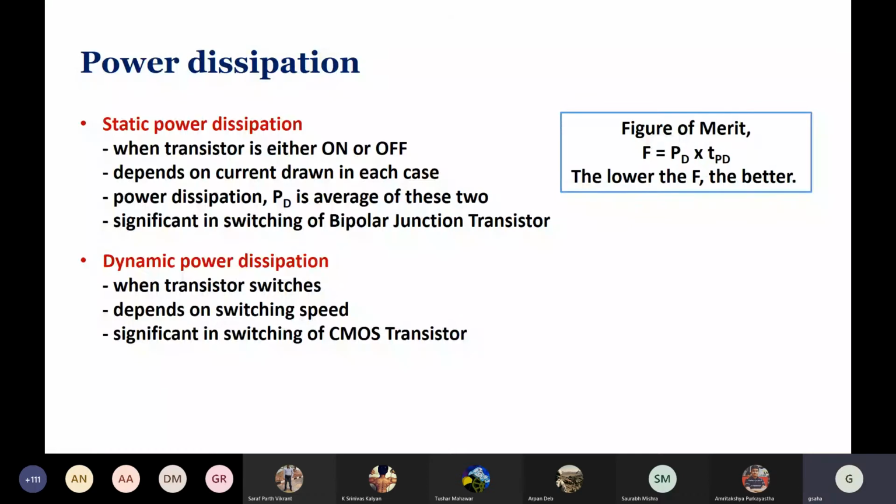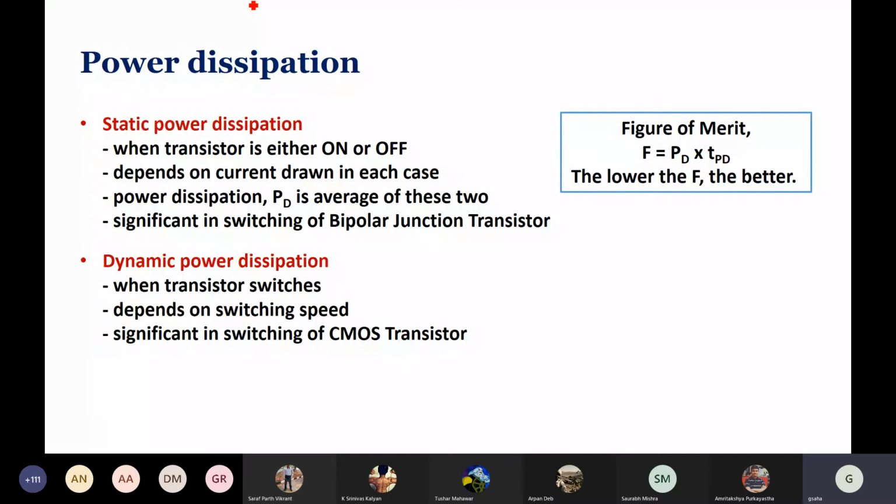Next comes a very important parameter, a practical issue, right? And that often decides which logic family you will use, right?